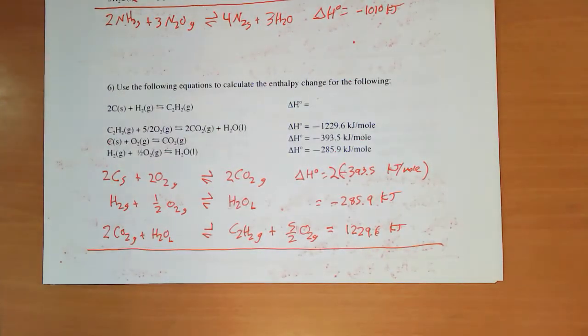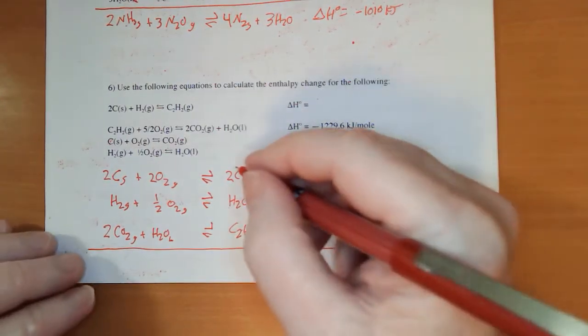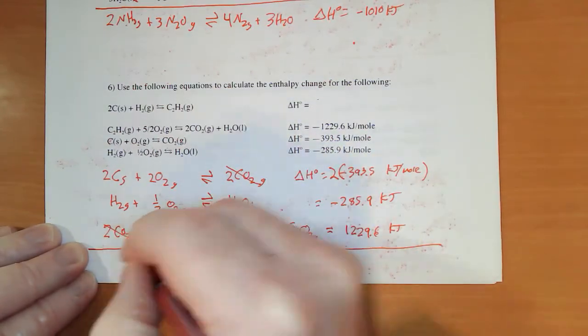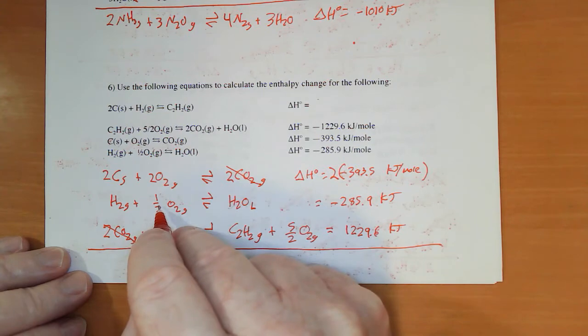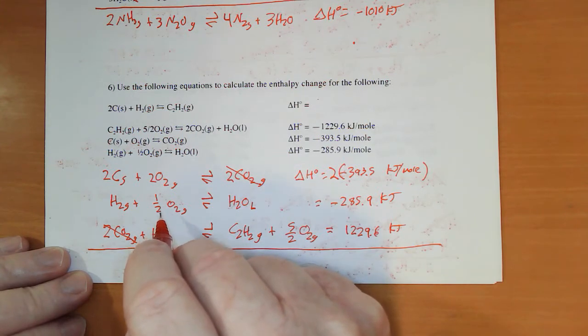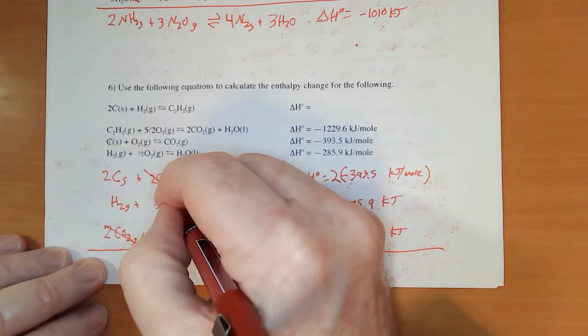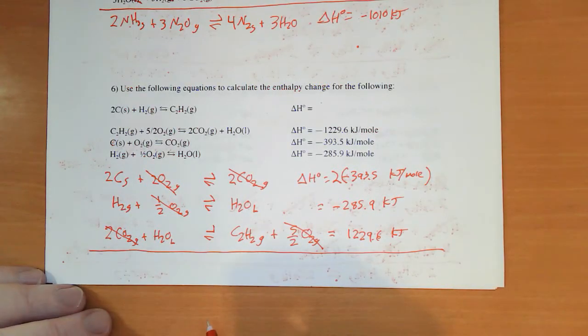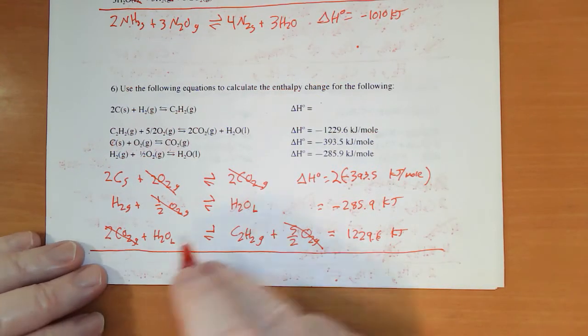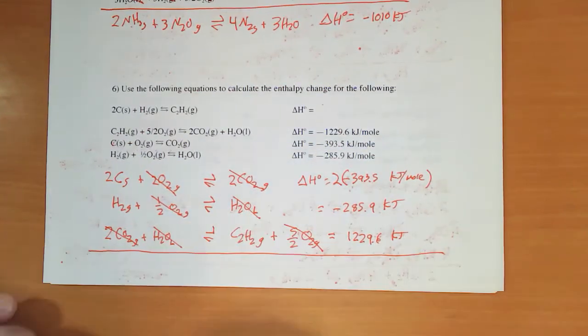Okay, so let's look for some stuff to get rid of. The two CO2 gases are going to go. Now, 2 plus a half O2s is 5/2. So those can get rid of those. Now, I've got an H2O liquid on both sides. It can go.